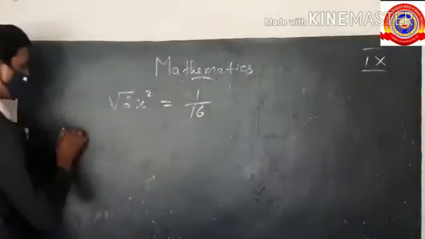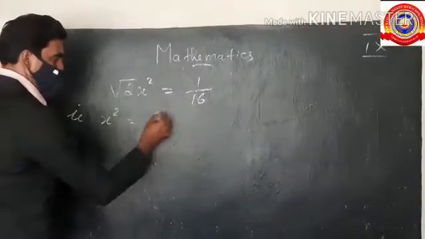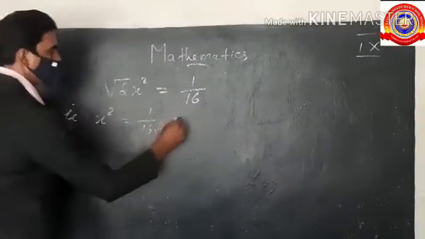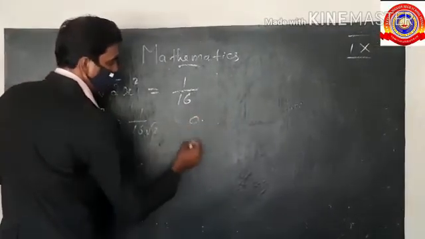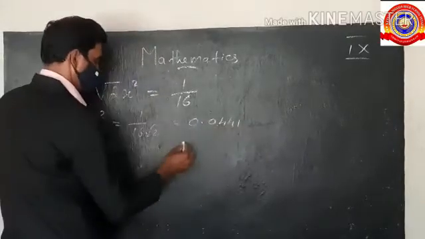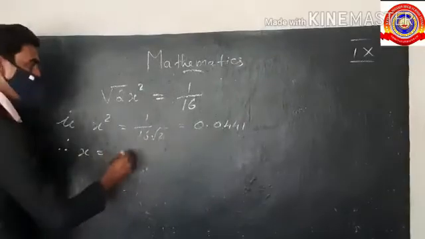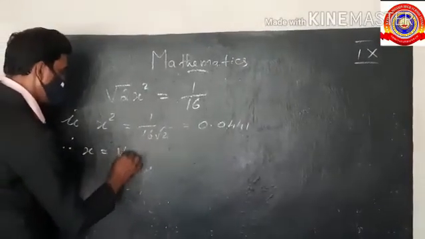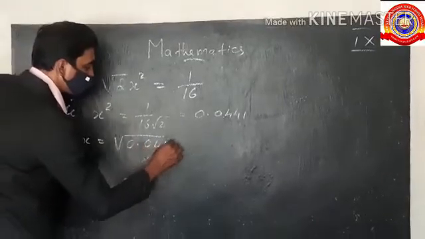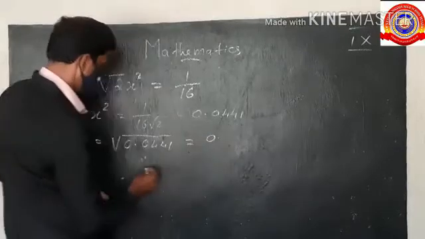That is, x square is equal to 1 by 16 √2 is equal to 0.0441. That is, x is equal to square root of 0.0441 is equal to 0.21.